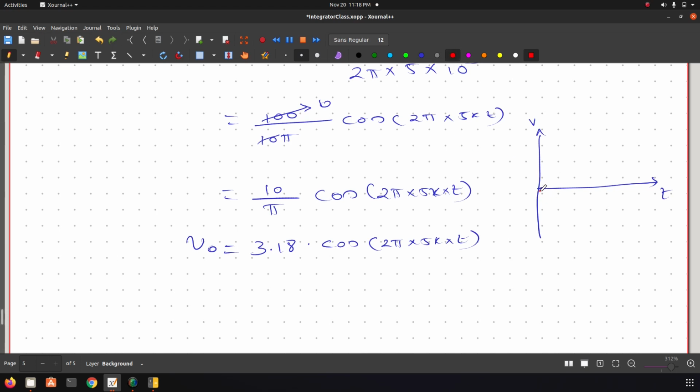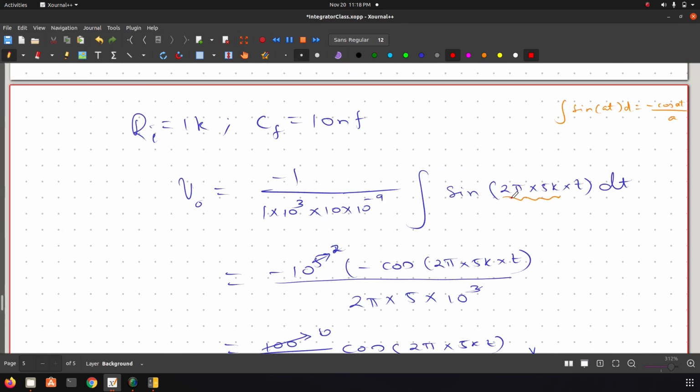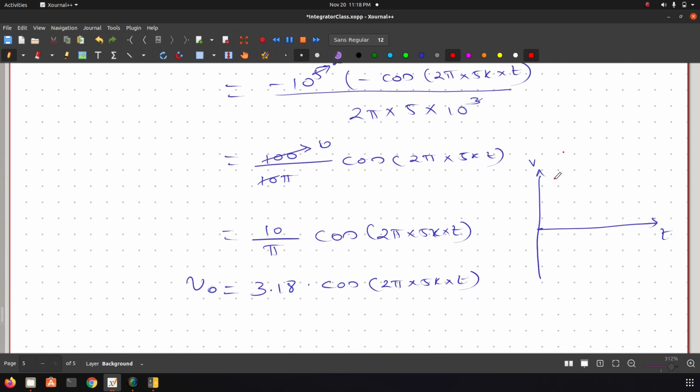The input is a sine wave of frequency 5k, and its amplitude is 1 volt. This is the 1 volt point. Then it's a sine wave, so it looks something like this, and it should be symmetrical.